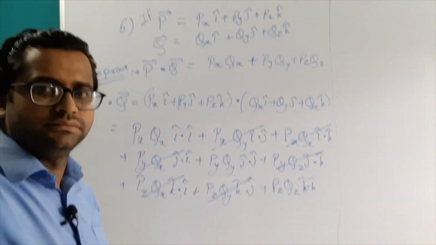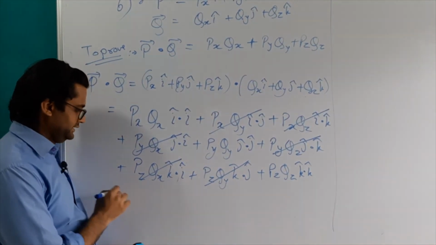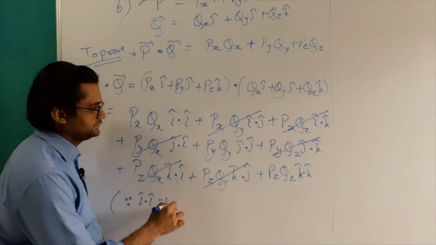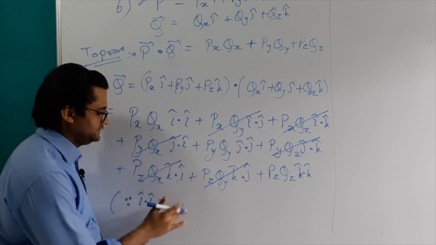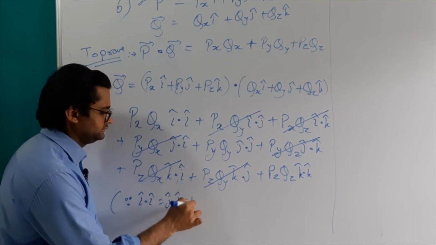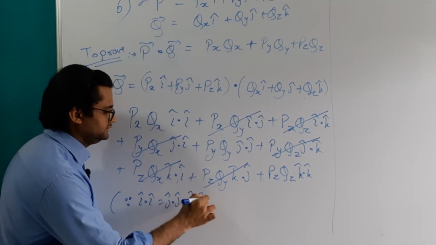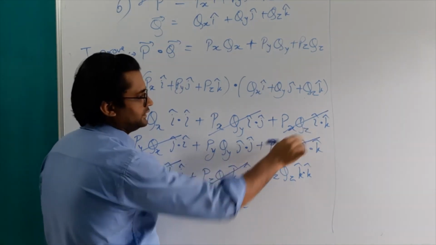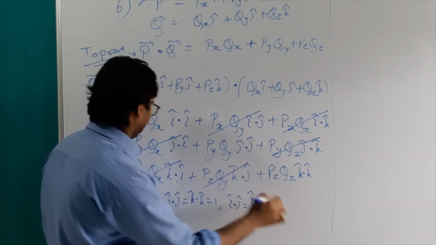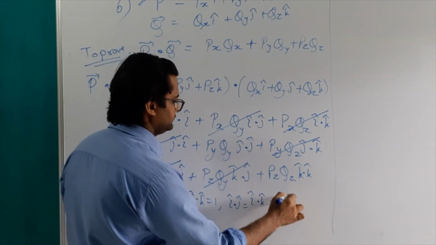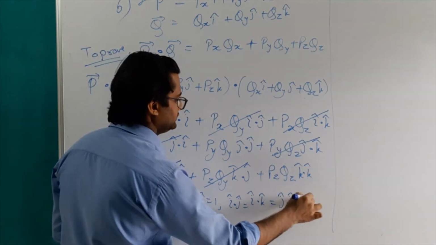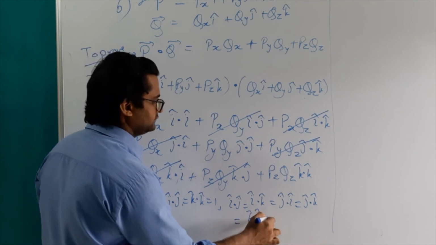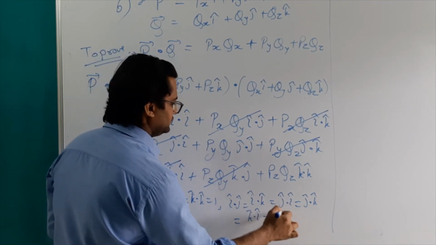So we will write the reason here. Since i dot i is 1, j dot j is 1 and k dot k is also 1, and i dot j, i dot k, j dot i, j dot k, k dot i, k dot j, all these terms are 0.